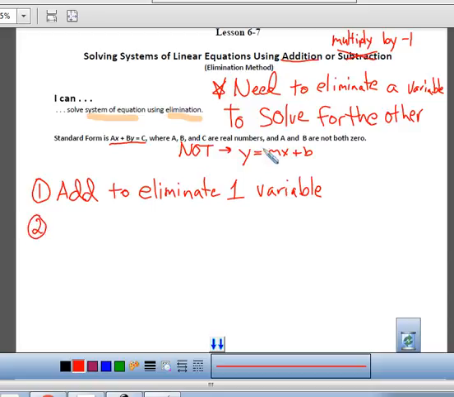Step 2, solve for one variable. Step 3, solve for the other variable.